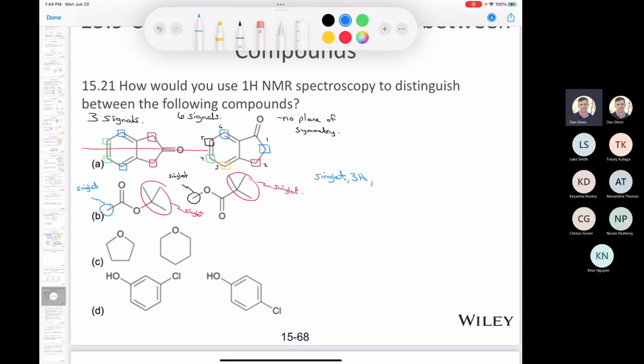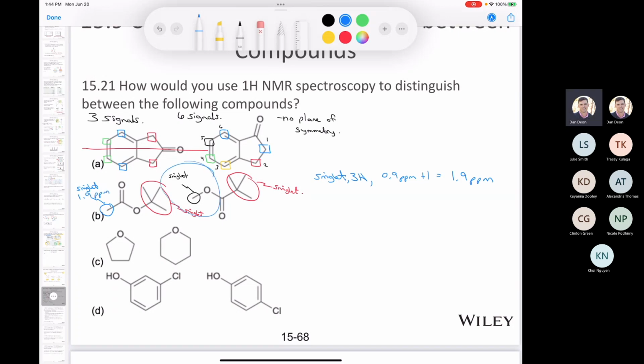But what's the chemical shift? The baseline of a methyl was 0.9 parts per million, but it's alpha to a carbonyl. So that means we add 1, and we get a chemical shift of 1.9 parts per million for this proton. So this is at 1.9 parts per million.